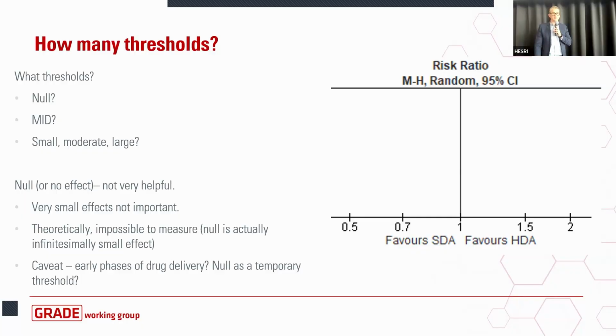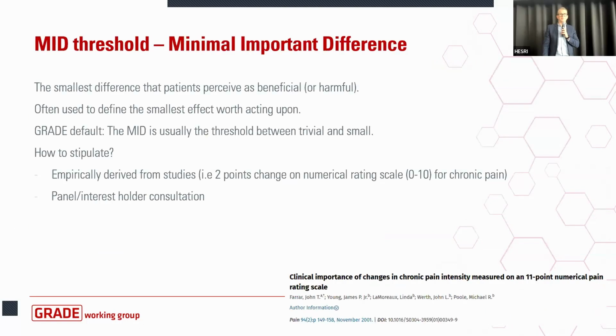Maybe in some scenarios, like early phases of drug discovery, it may actually be helpful. But from a decision-making point of view and then implications for practice, it's not particularly helpful. What about the minimal important difference?